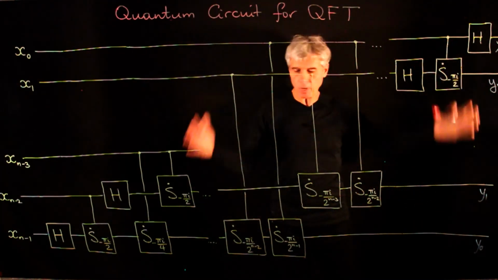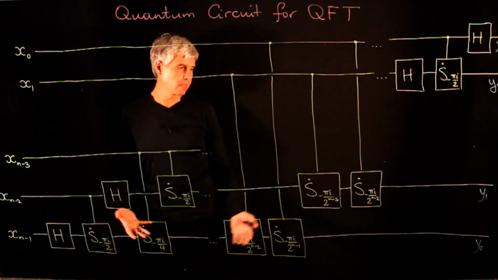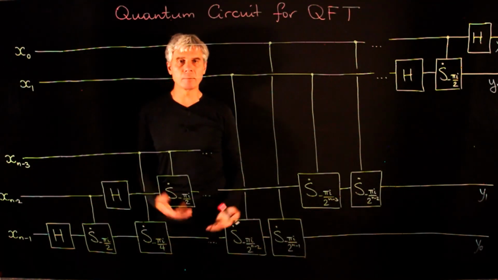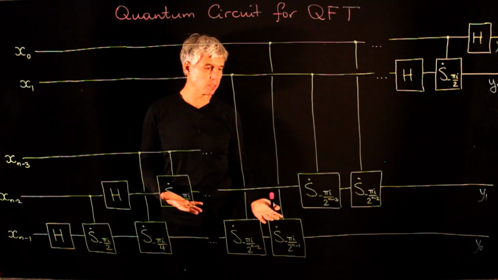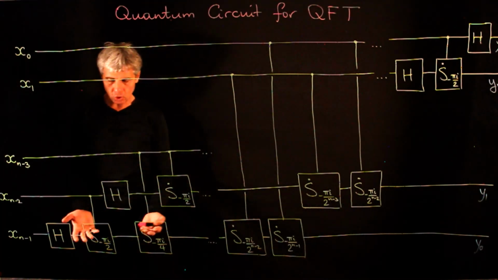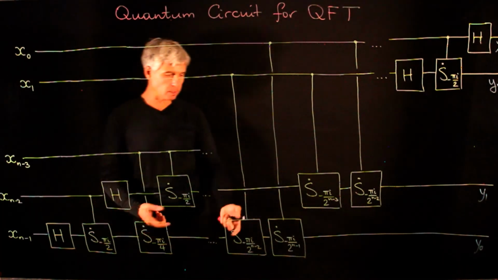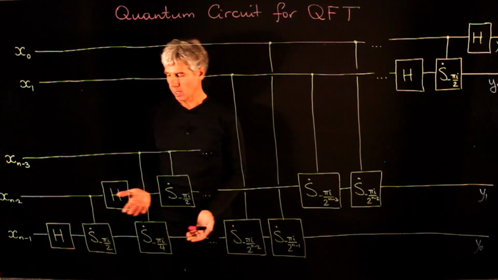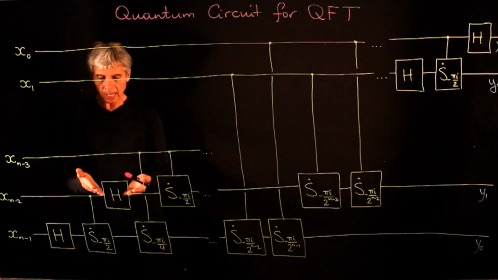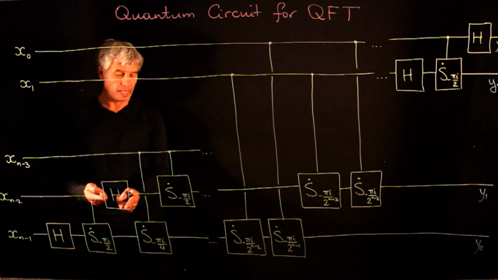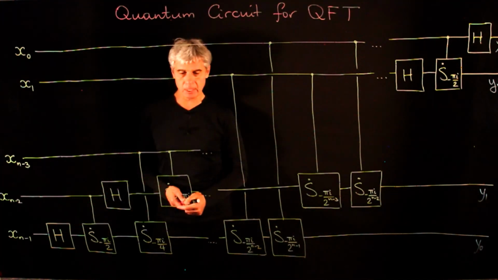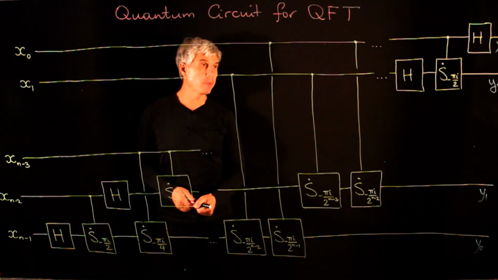In this way, we get the diagram for the quantum Fourier transform. And each elementary gate in this diagram is a quantum gate either on a single bit, so the Hadamard, or on a pair of bits. So these are elementary quantum gates.